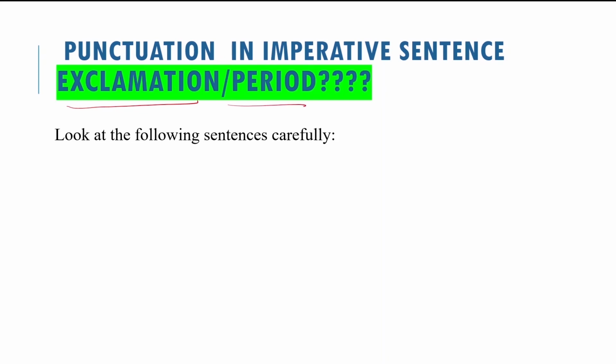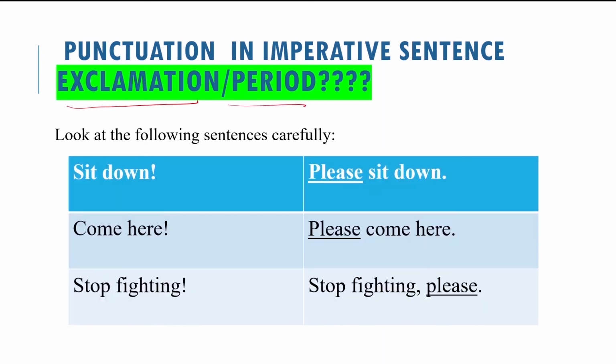But when to use what? Look at these sentences carefully. Sit down. Please sit down. Come here. Please come here. Stop fighting. Stop fighting, please. When we say please in an imperative sentence, we usually use a period instead of exclamation mark.